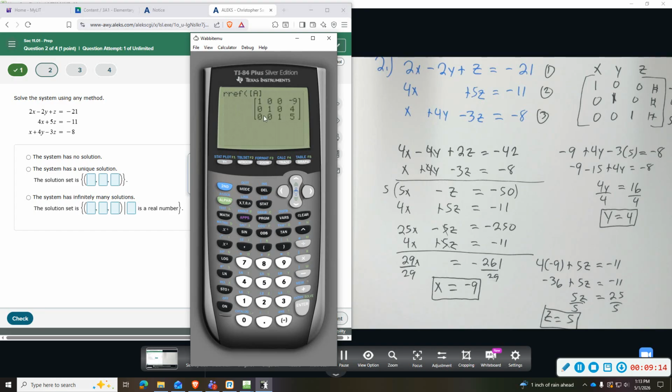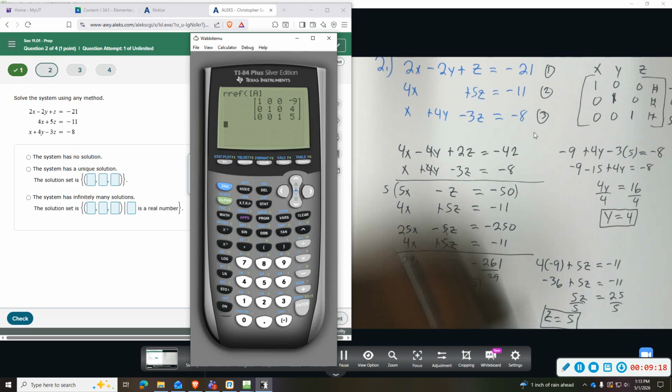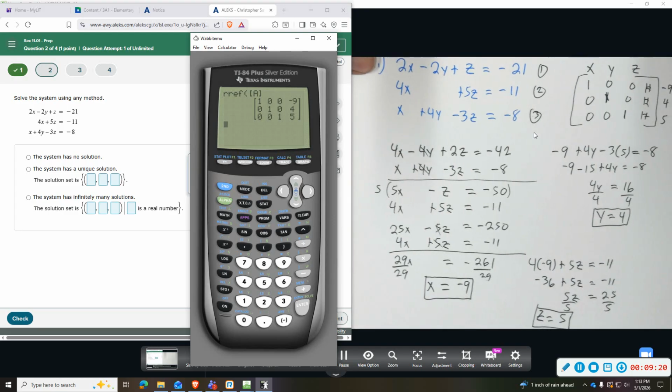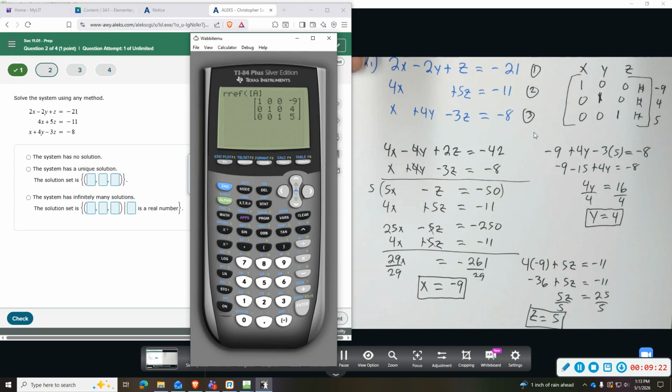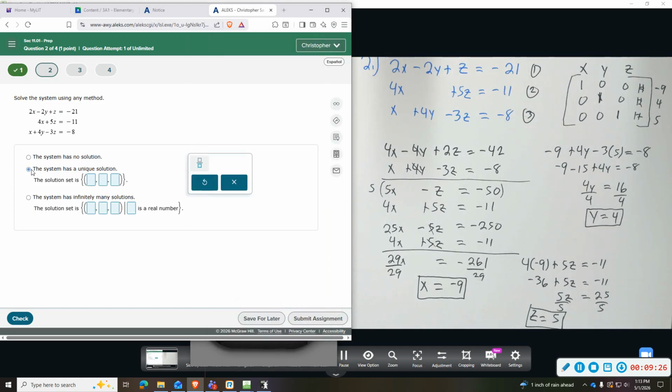And so you can see that matrix negative 9, 4, and 5 does match our values and everything that we got. So the solution set, there's one answer. Make sure you put them in the right position. Negative 9, 4, and 5.